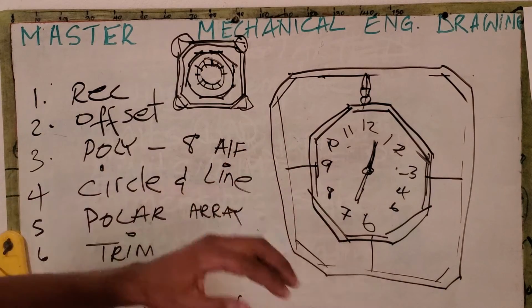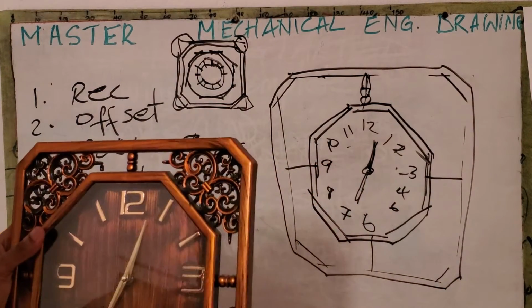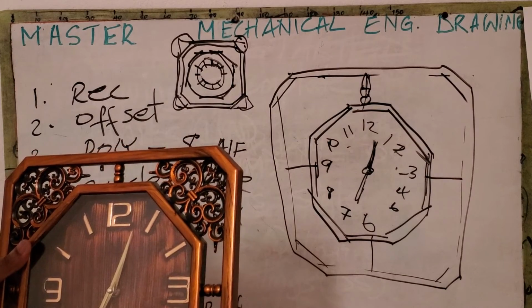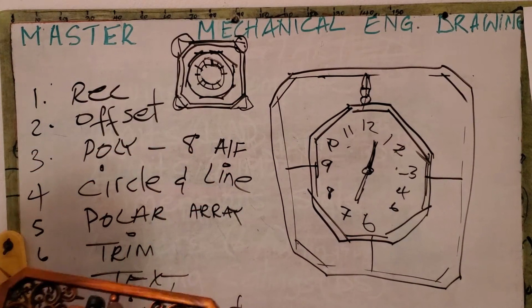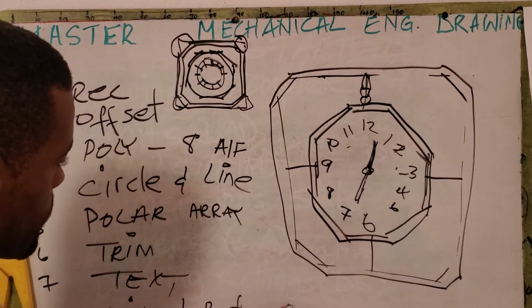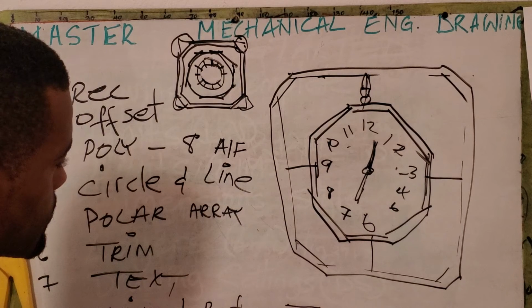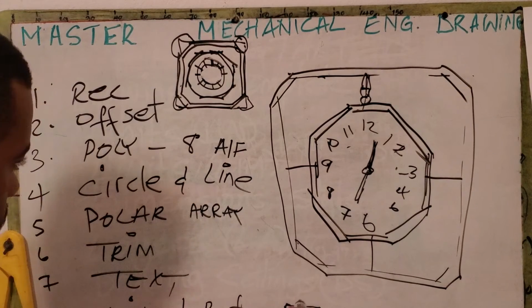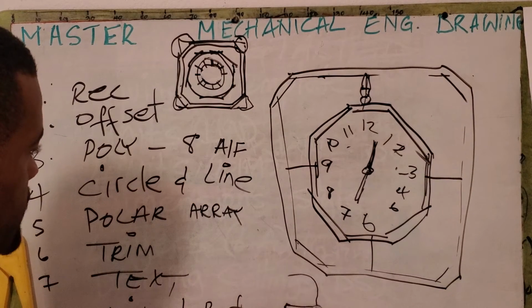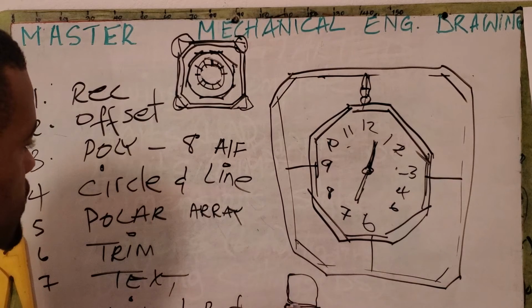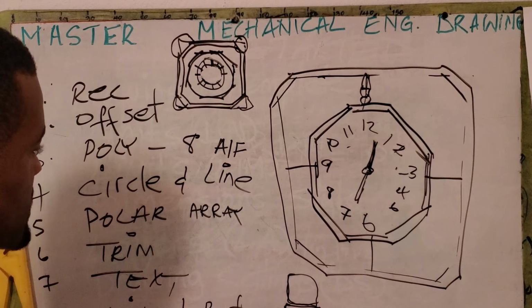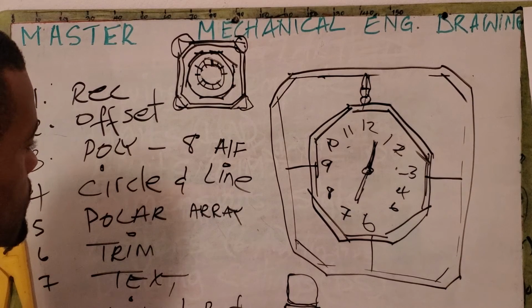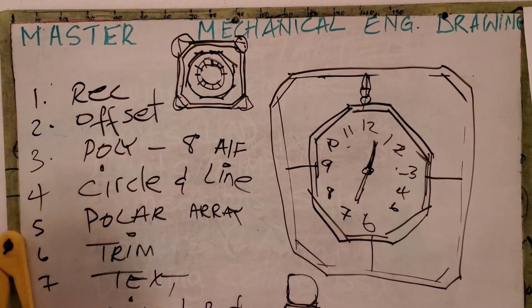Then for this, I could use a rectangle. I could draw this, a rectangle like this with fillet, then another rectangle here with a large fillet radius, to get each of these.